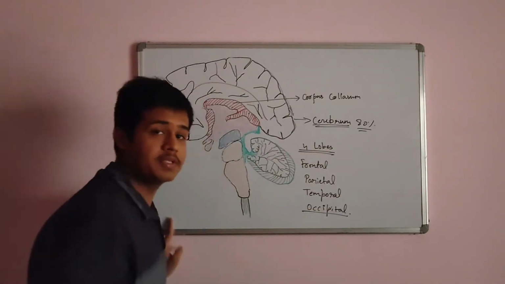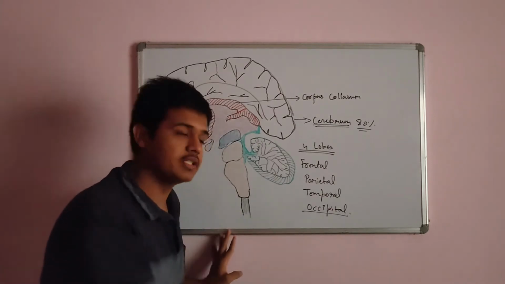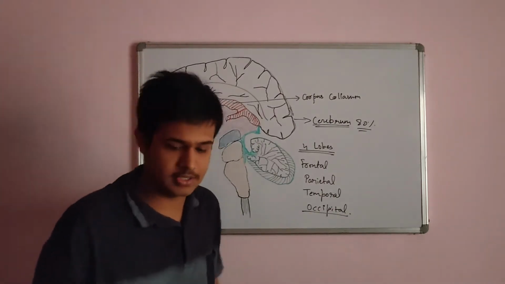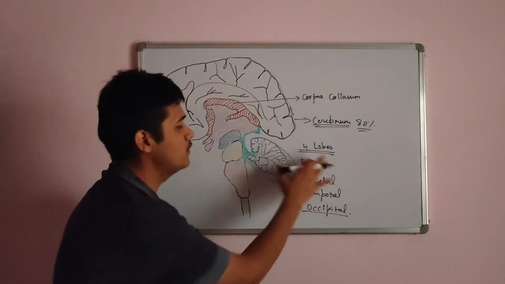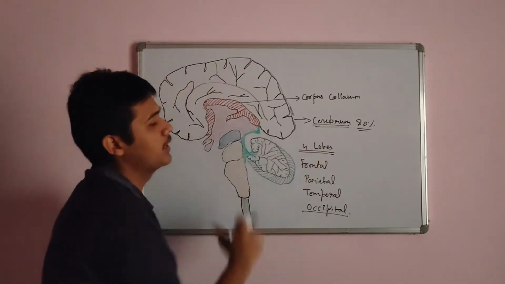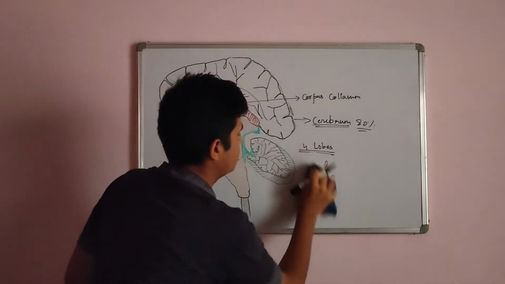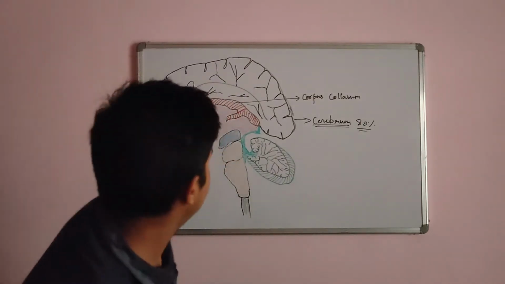And these four lobes carry out their own set of functions. So let's see where these four lobes are located in the cerebrum and what their functions are.